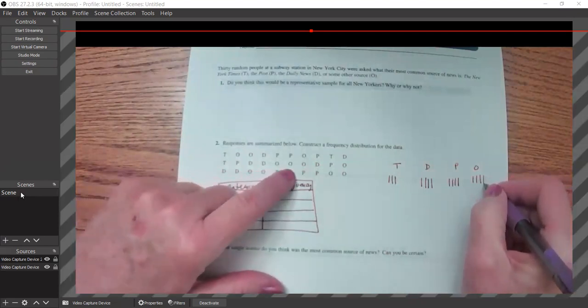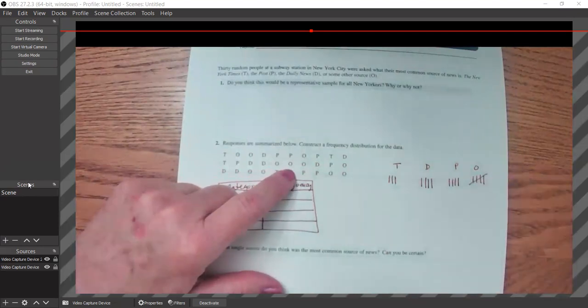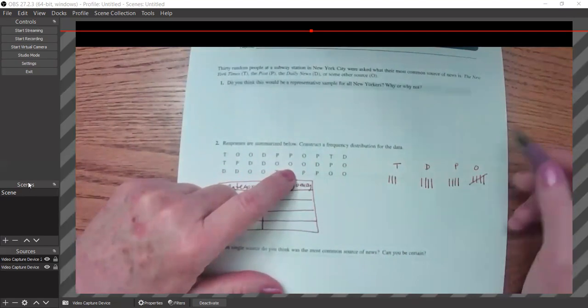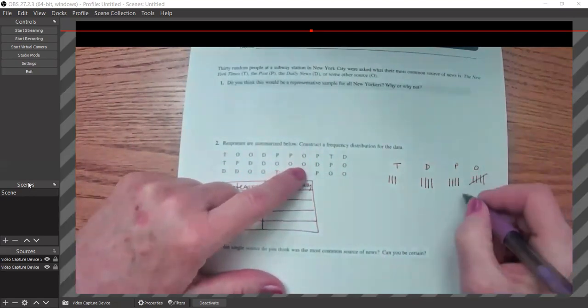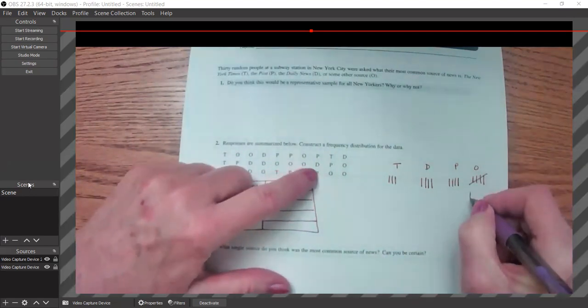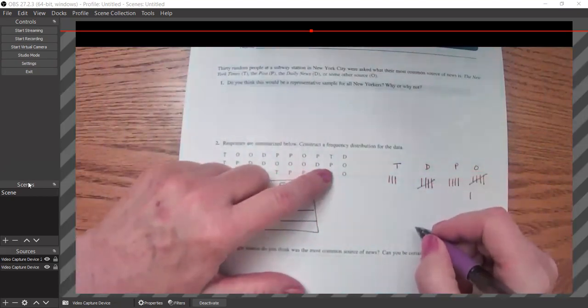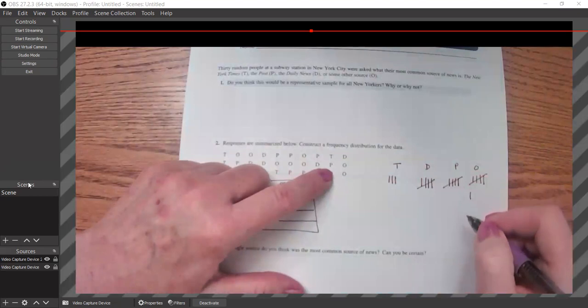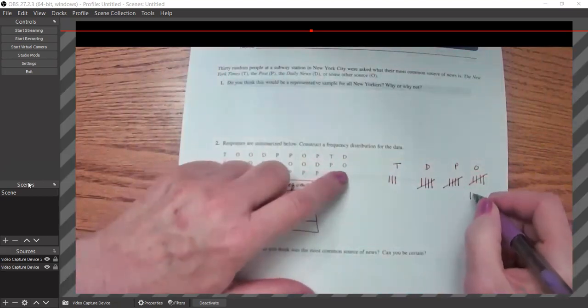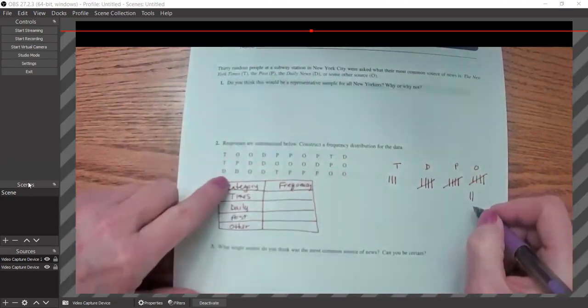Okay, so we're right here: 1, 2, 3, 4. Every 5th, we're going to put a cross slash so that we know that that's a group of 5. And then here's Other. And now Daily News is going to get their 5th, and Post is going to get their 5th vote. And then Other gets another.